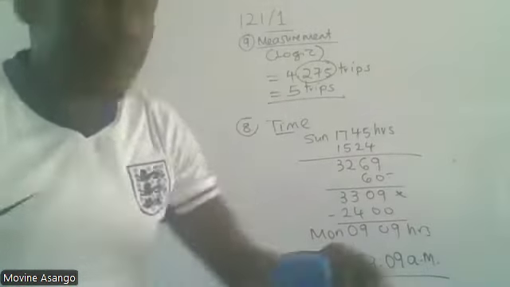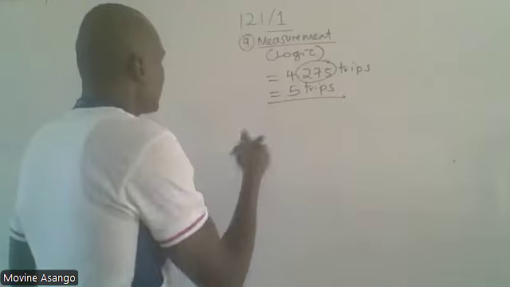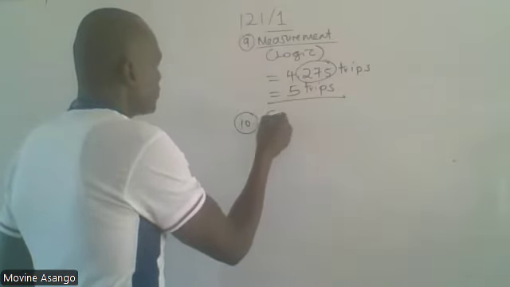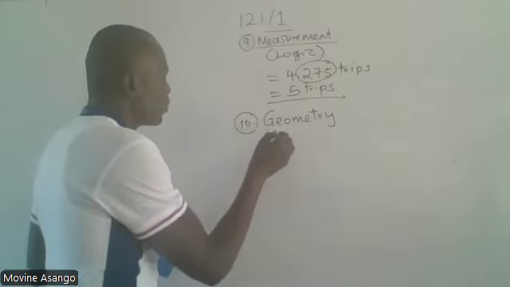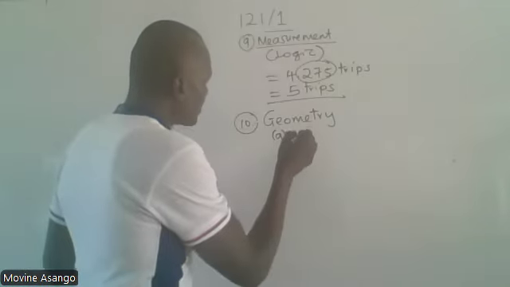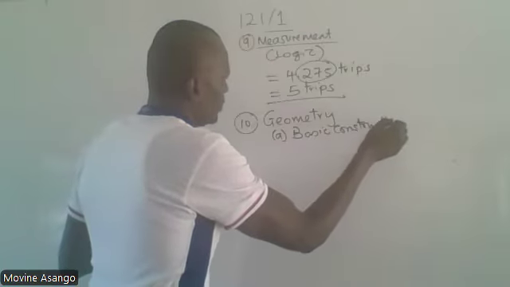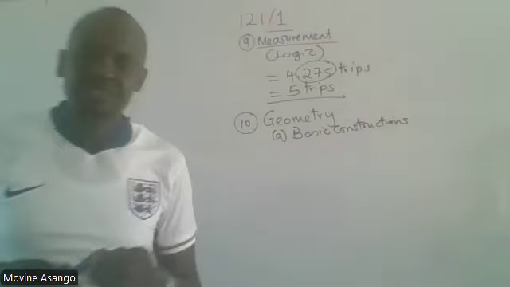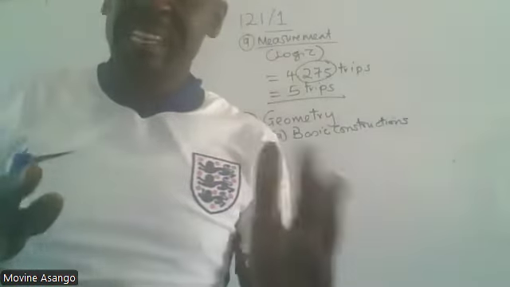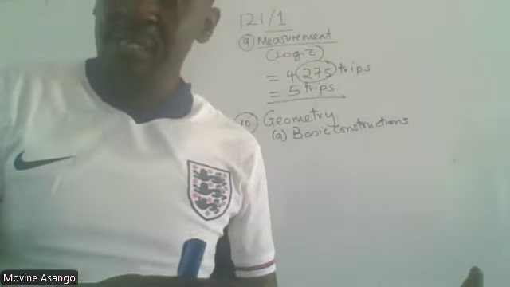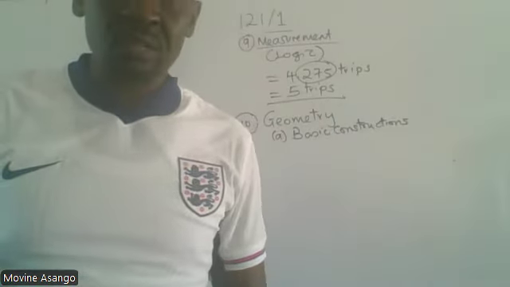And number 10, Form 1, we talk about geometry. When we talk about geometry, we are referring to basic construction. Dear candidates, basic construction involves constructing basic angles, 60 and 90, bisecting them and getting composite angles such as 75 degrees, 52.5, 67.5, and so on.